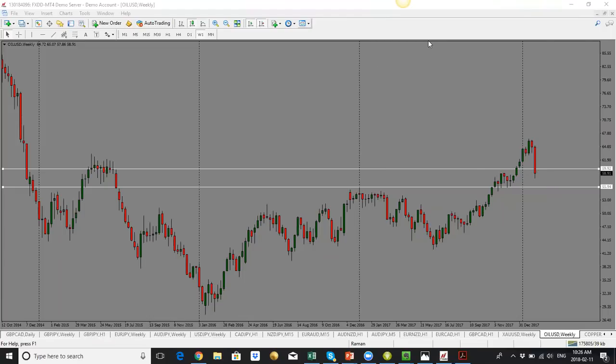So I would mark both of these pullback levels and just keep an eye on them, because pullbacks do tend to happen after big drops. The bias is still to the downside based on the weekly candle close here, so looking for price to drop further in oil. But again, I would not discount these pullbacks.